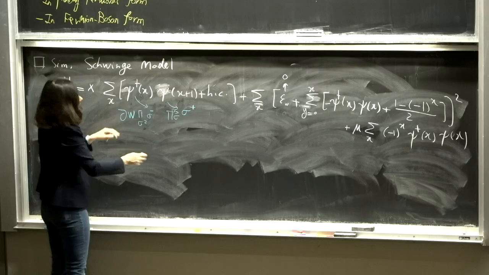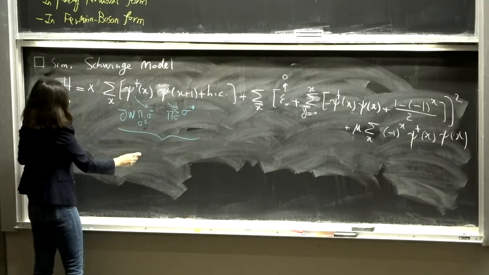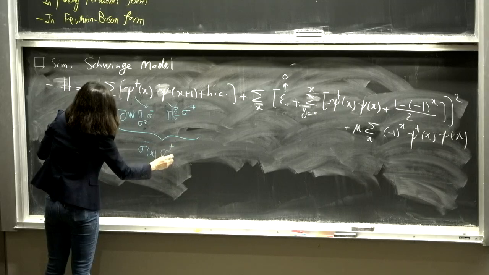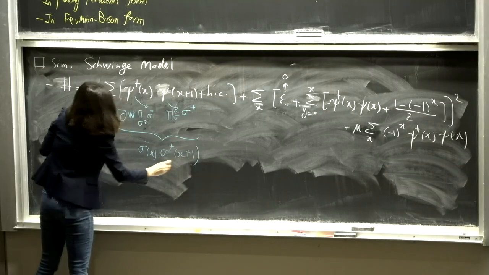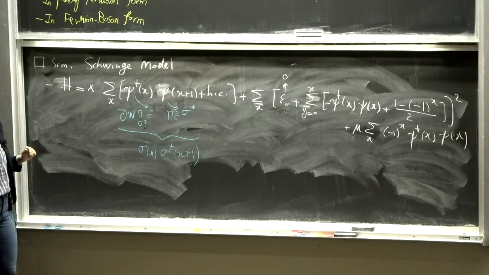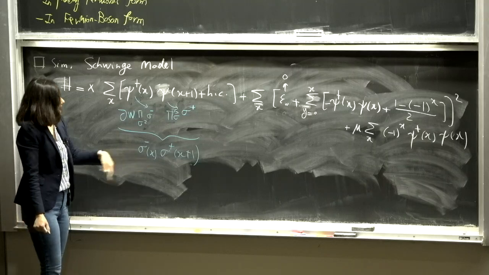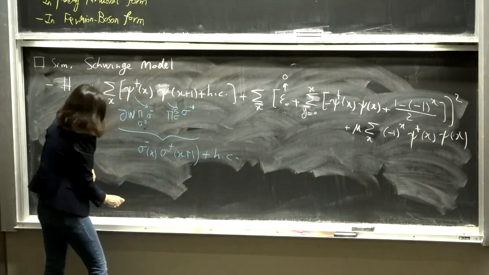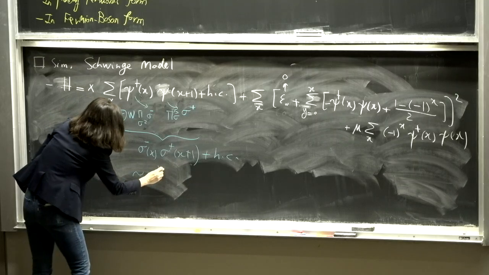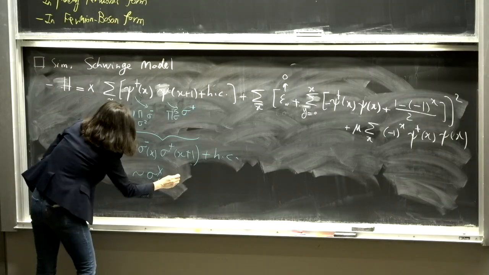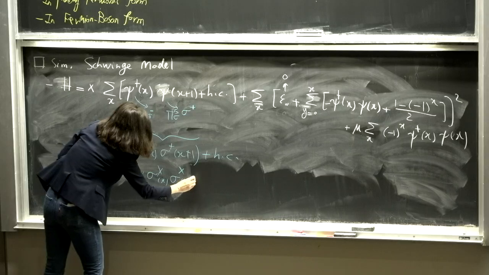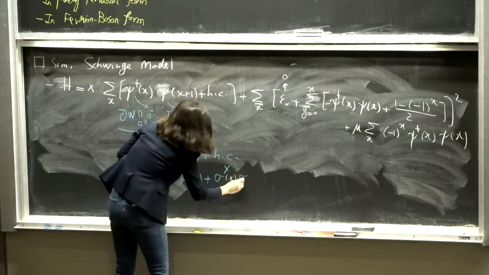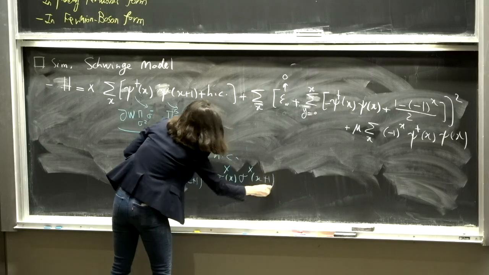So that means that really this guy is going to only end up becoming sigma minus at x, sigma plus at x plus 1, which is really nice. This is the nearest neighbor, and this is sigma minus, sigma plus. And in fact, if I add this with the Hermitian conjugate, this is going to be just sigma x at x, sigma x at x plus 1, plus sigma y at x, sigma y at x plus 1.